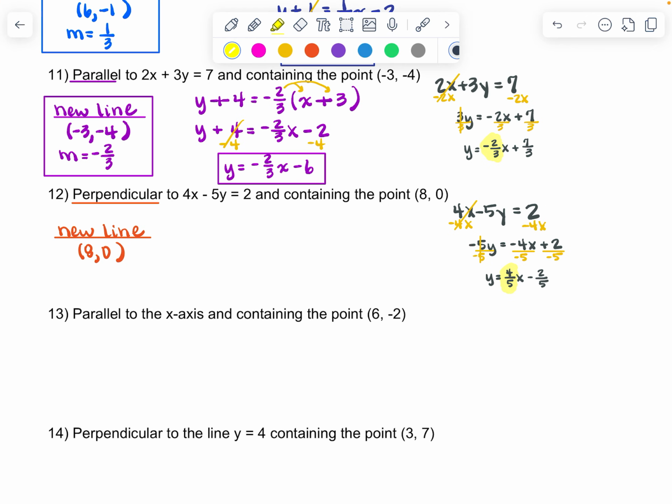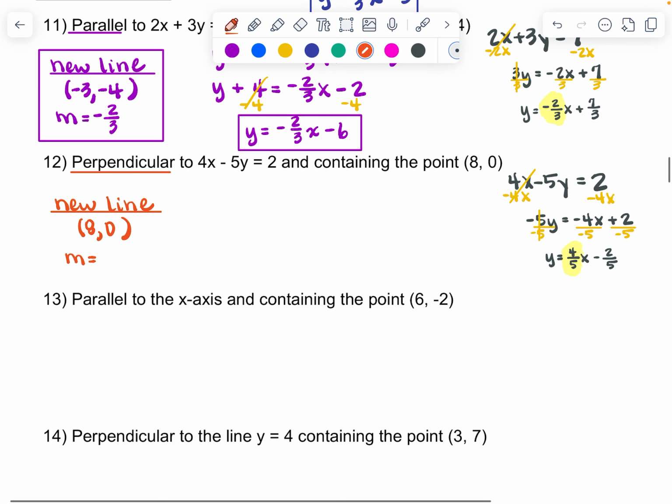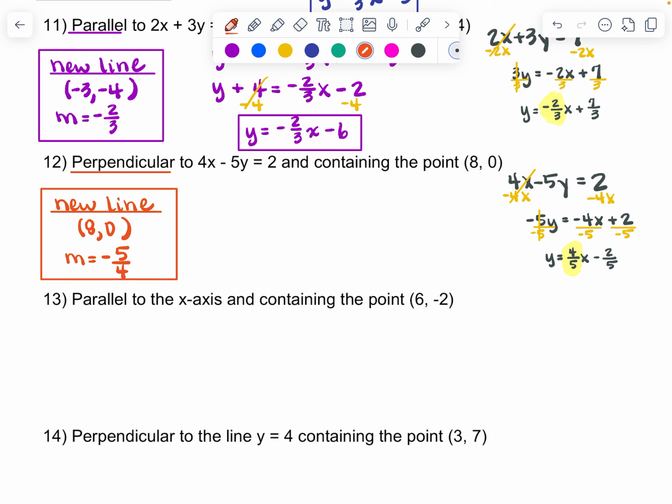But I want a line perpendicular to this one, which means I need the opposite reciprocal slope of this guy. Well, if his slope is positive 4/5, then my line is going to have a slope of negative 5/4, the opposite reciprocal.